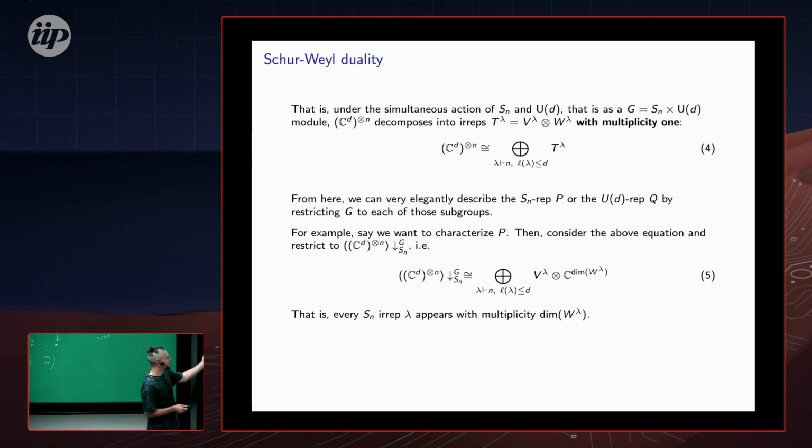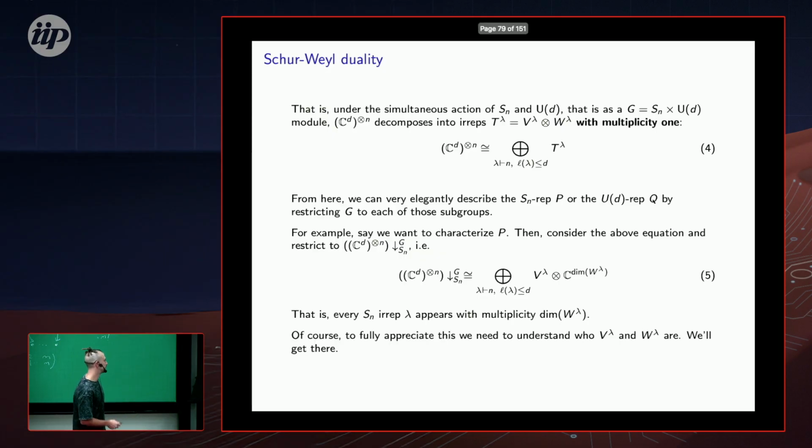So if we know the dimension of the unitary group reps W lambda, we immediately know how many times the Sn irreps appear. That's the power of Schur-Weil duality. Again, we need to understand who these are.